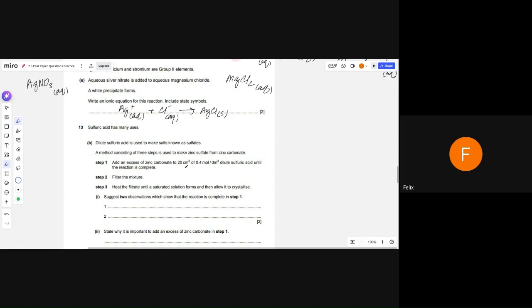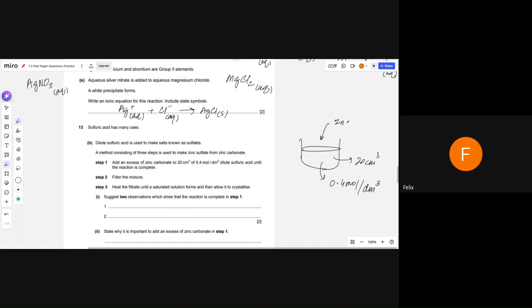Add excess of zinc carbonate to 20 centimeters cubed of sulfuric acid in a beaker, with a concentration of 0.4 mole per dm cubed. So we are adding excess zinc carbonate.